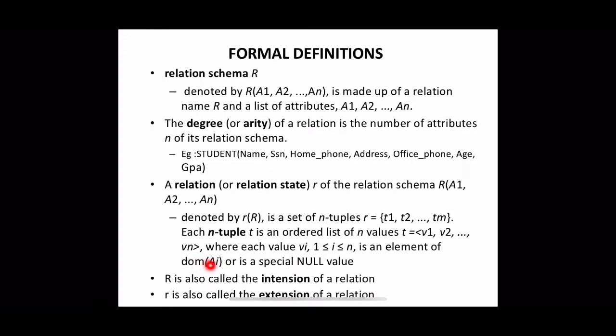So any value vi should be a member of the domain of Ai, or it can be a special null value. These are the two possible values for any particular attribute in a tuple. So the relational schema is also called the intension, whereas the relation state is called the extension of a relation.